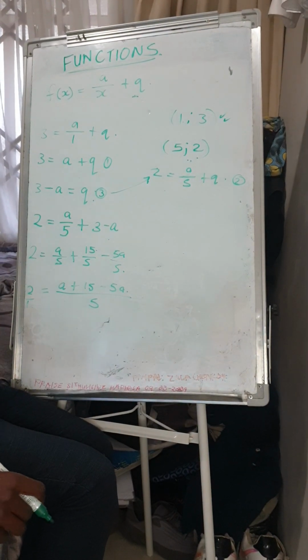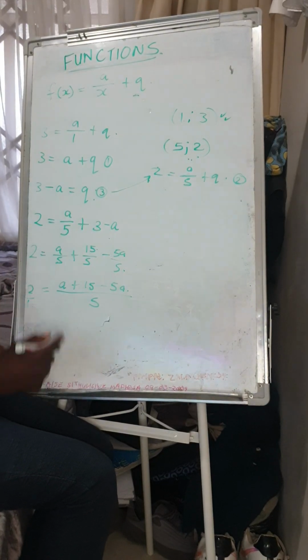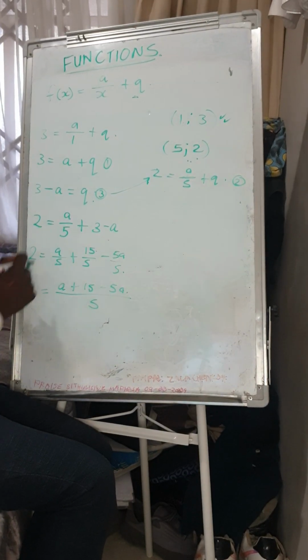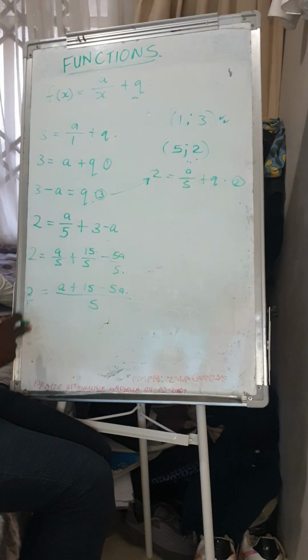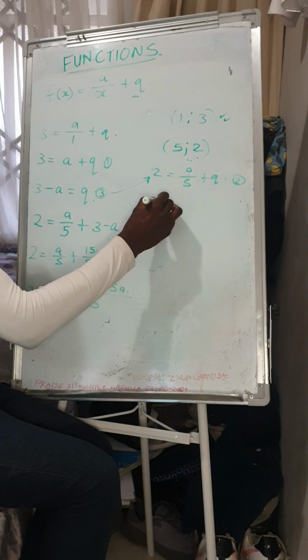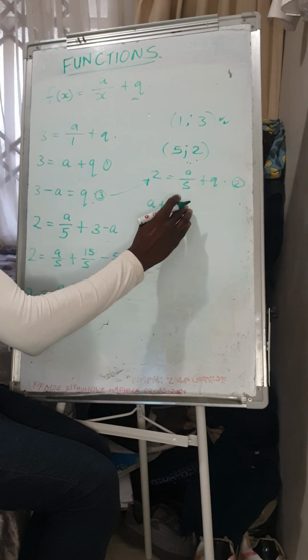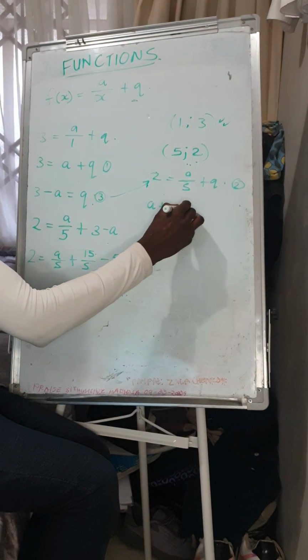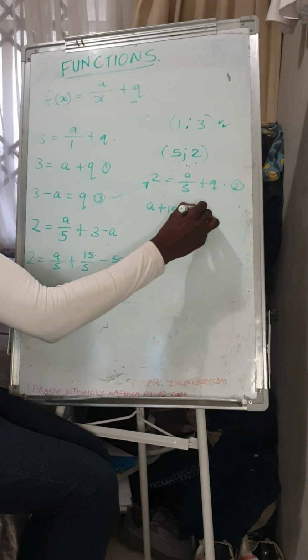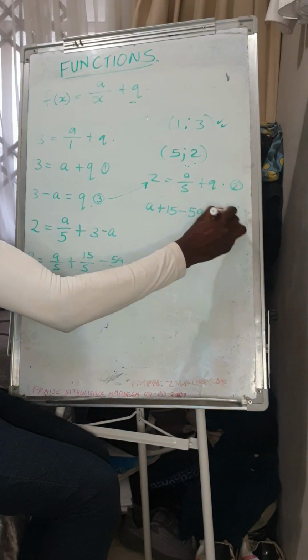So you notice that we still have variables and all that. We can cross multiply now. 5 times 2, let me start with this. a plus 15 minus 5a equals this 5 times 2, 10.